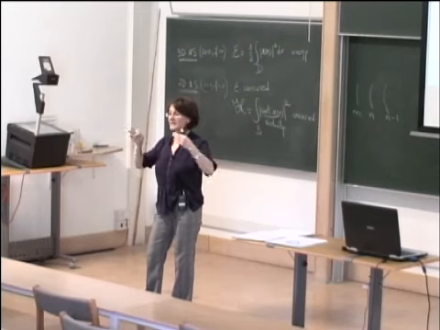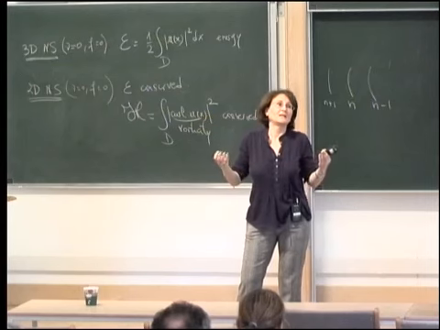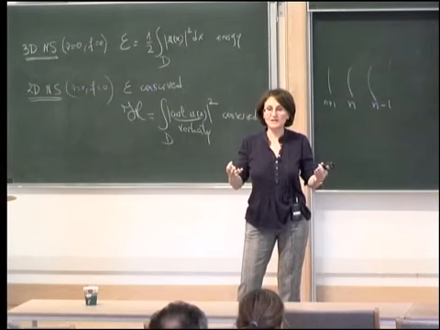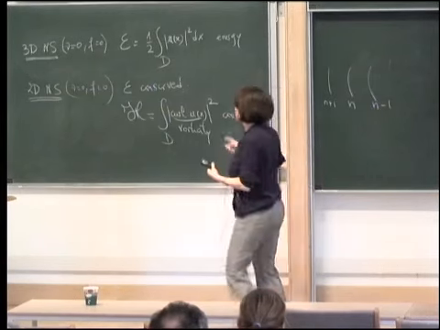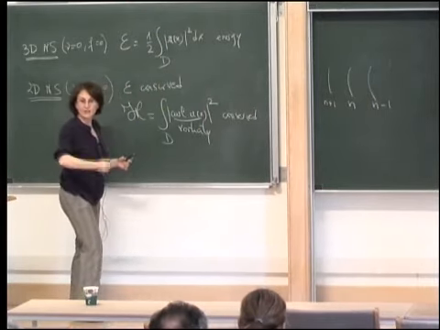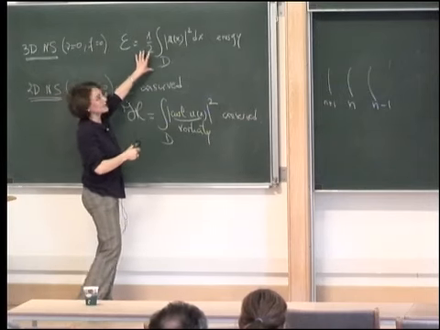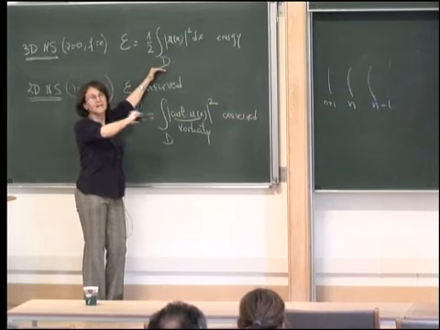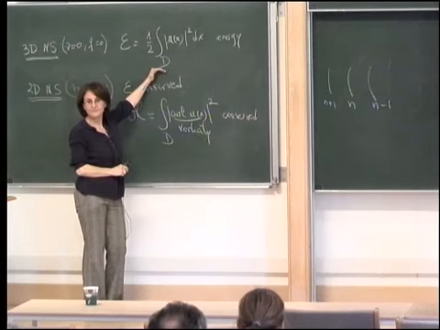In a certain sense, it's a criticism. But among the shell models that have been defined, as I told you before, I am considering the GOY, because in the GOY, the only quantity which is conserved is the energy, as for 3D. Yes?